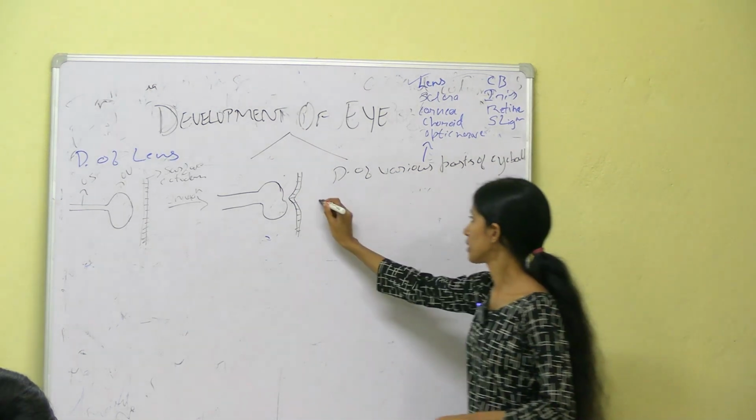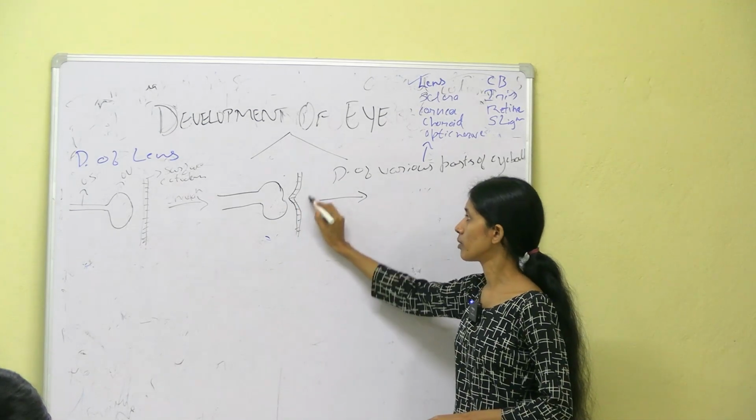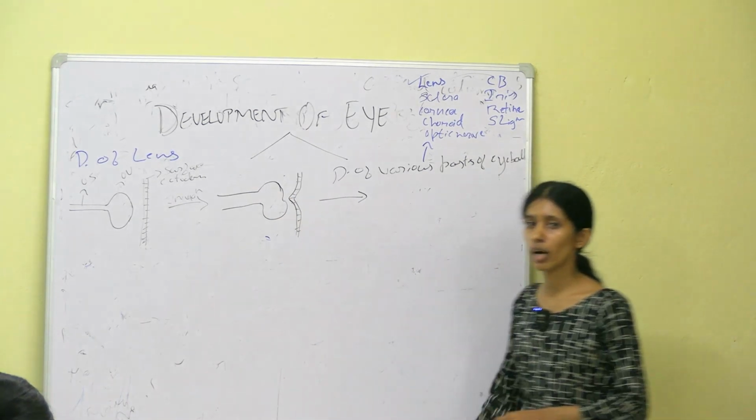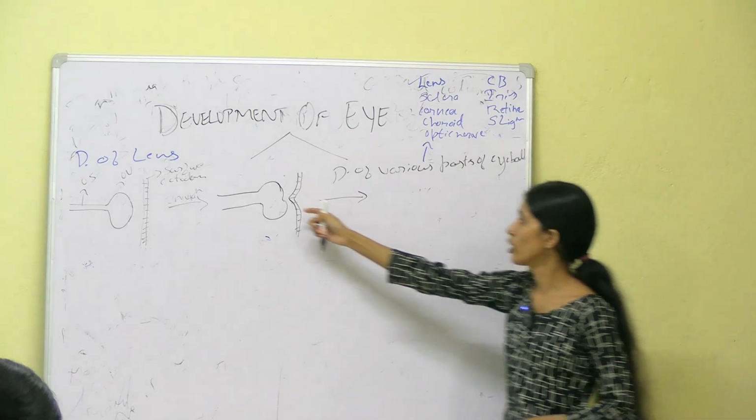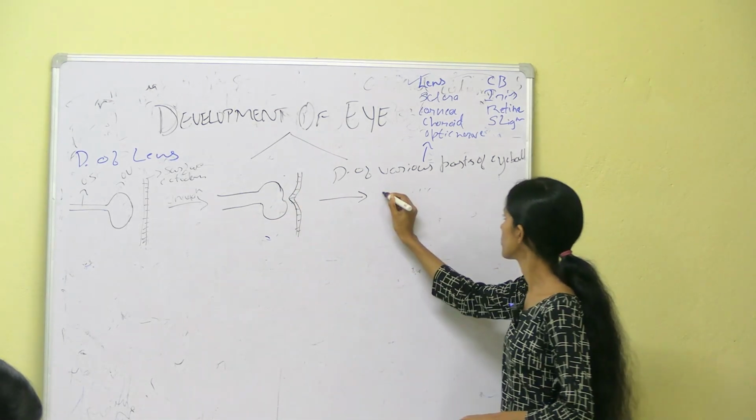Okay. Later, your surface ectoderm will completely invaginate into your optic vesicle part, like this.